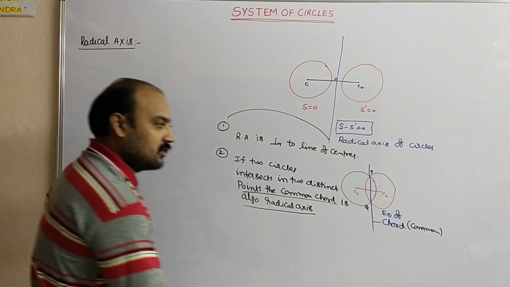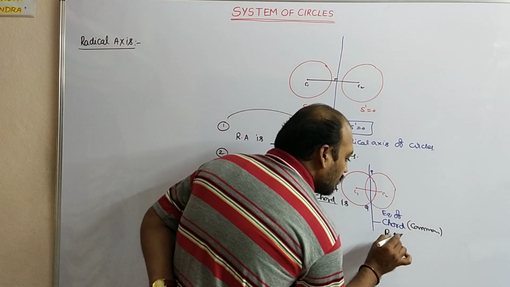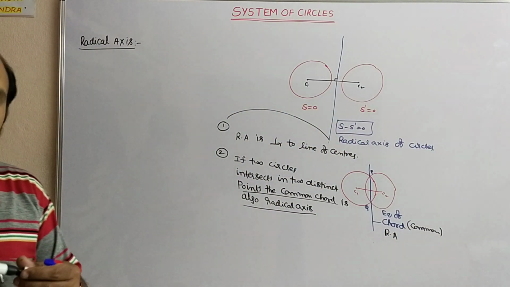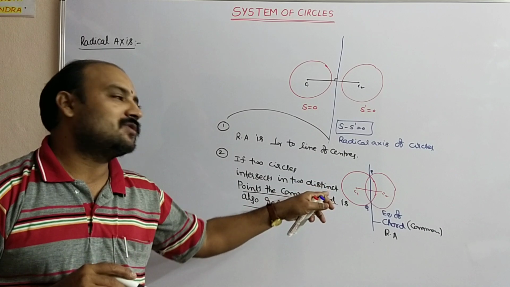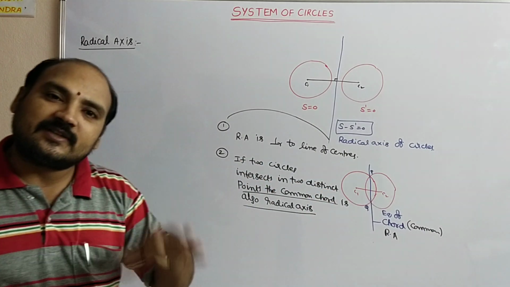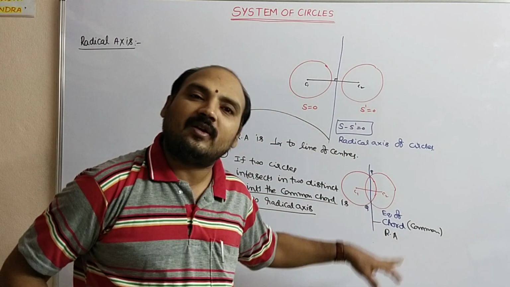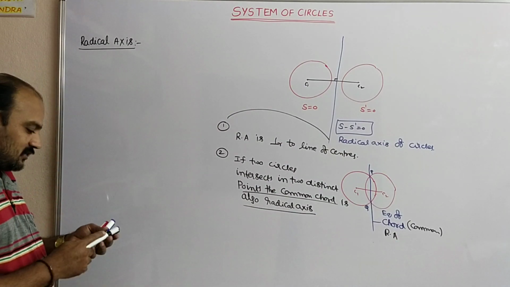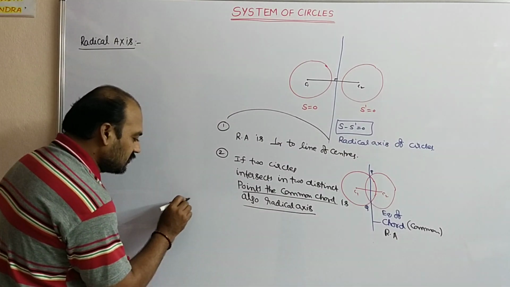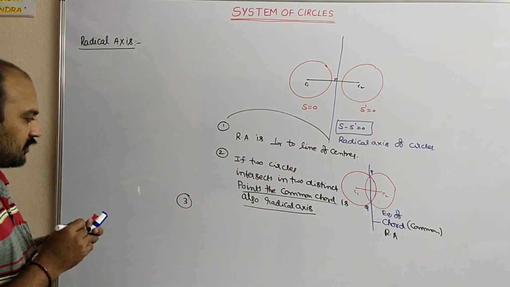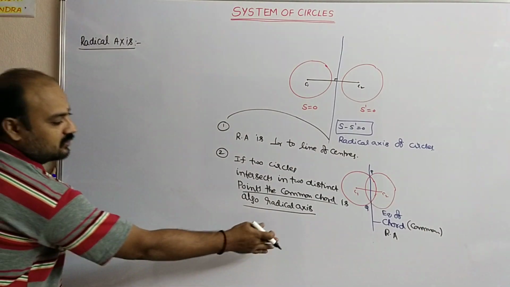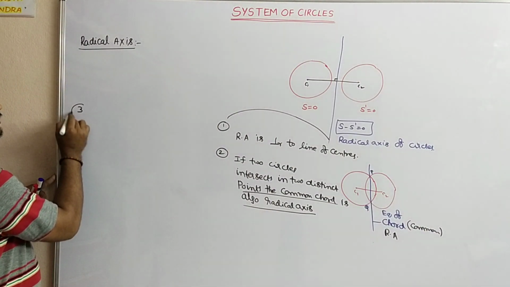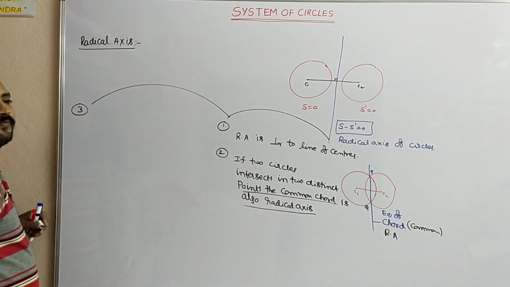You remember, this is also the radical axis. Based on the relative position of the two circles, if they are intersecting, we decide that the common chord is called the radical axis of the circles. If you come to the third point, same concept.